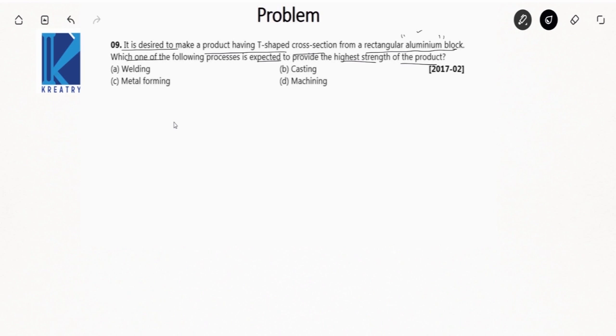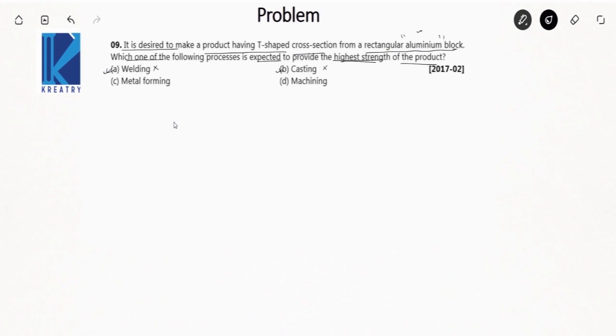Aluminium is a material which is very difficult to weld as well as cast. I won't say that it can't be welded or cast, but the next thing they have mentioned is the strength. These two methods don't provide aluminium that much strength, so these two options get eliminated.